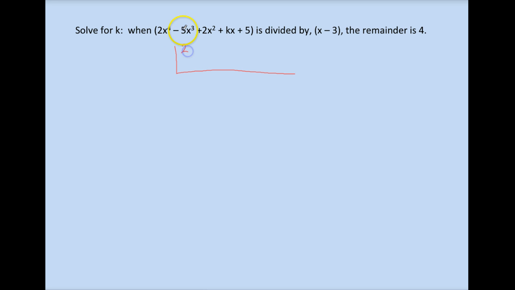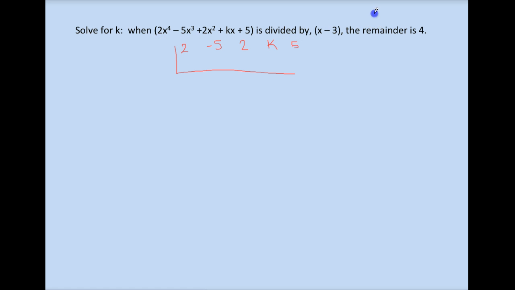So we have 2, then -5, the next coefficient is 2, and then k, and then 5. Now I'm dividing by x minus 3, but when you do synthetic division, you do the zero out here.